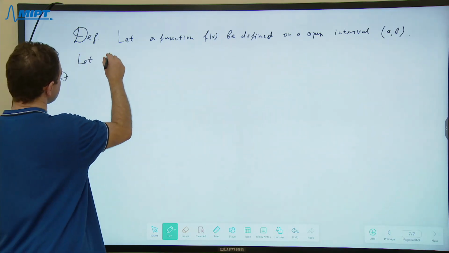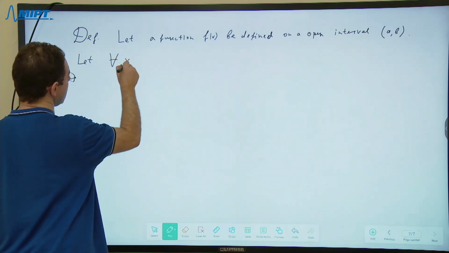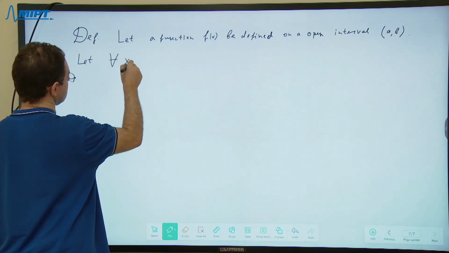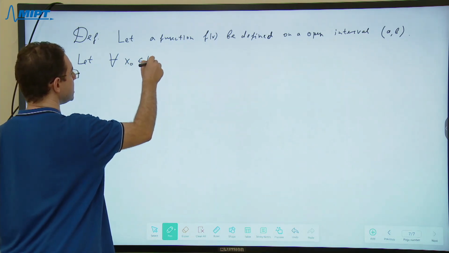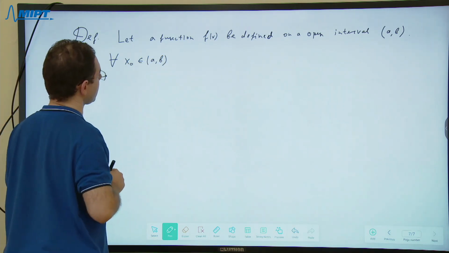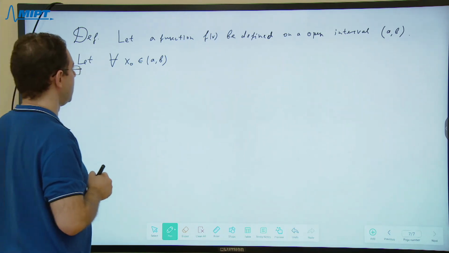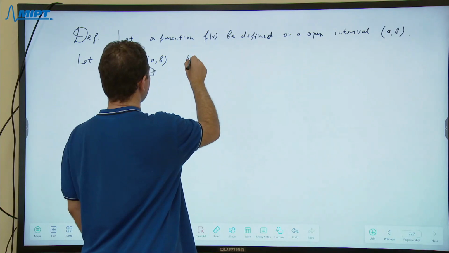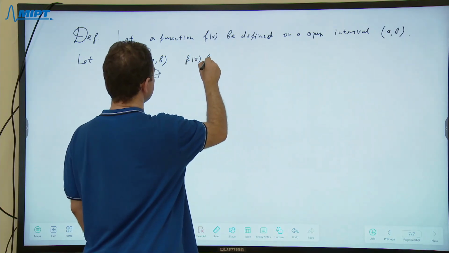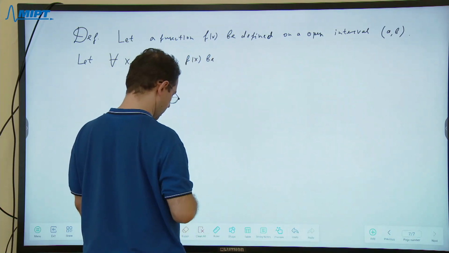Let for any point x0 from this interval AB, f of x be continuous at this point.